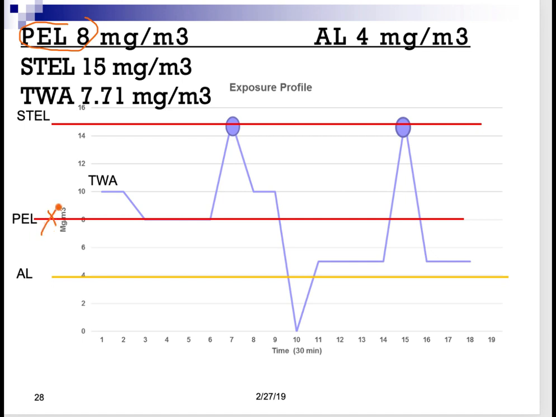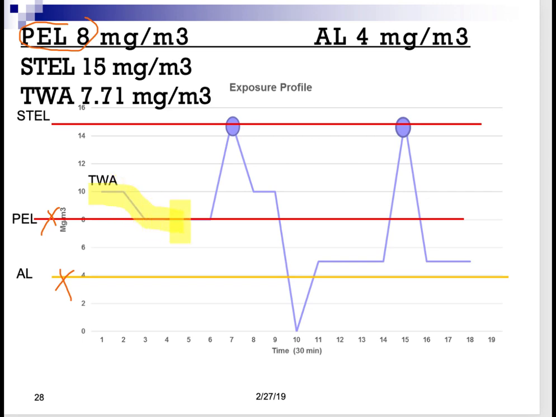The action limit is typically set to half of the permissible exposure limit, although not always, and that would be this line here. And then as we go through time, you're actually seeing this person's exposure is a little bit above the permissible exposure limit.